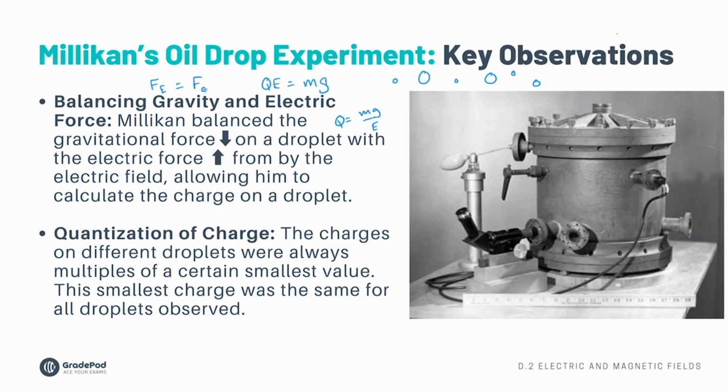And what he found was that the charges on different droplets were always multiples of a certain smallest value. The smallest charge was the same for all droplets. So say he had all these different charges here, they were all a multiple of this initial and fundamental charge. And I think you know what that initial and fundamental charge is.